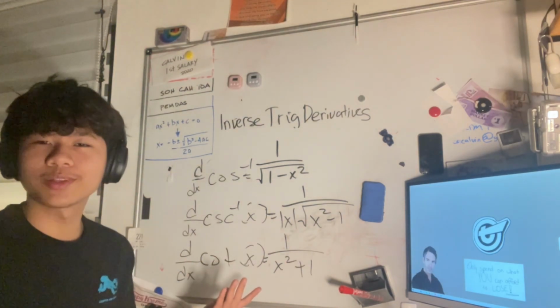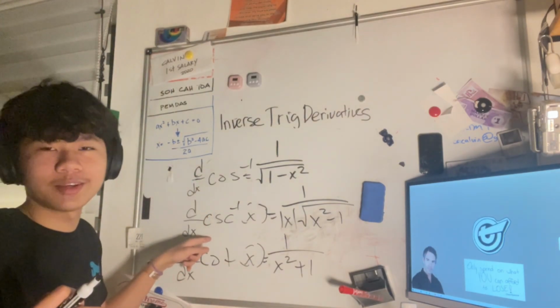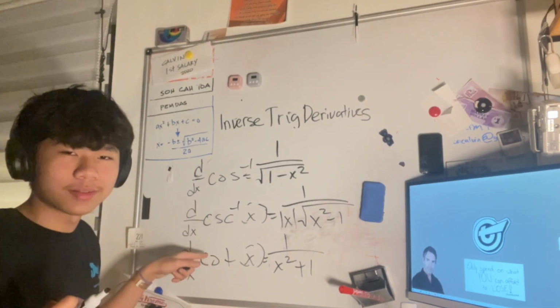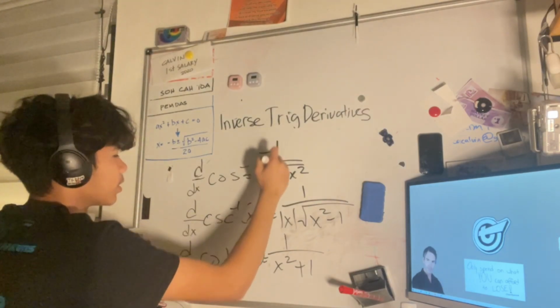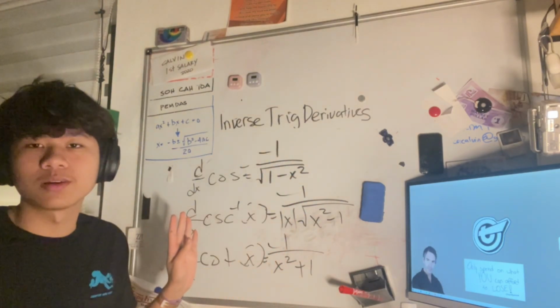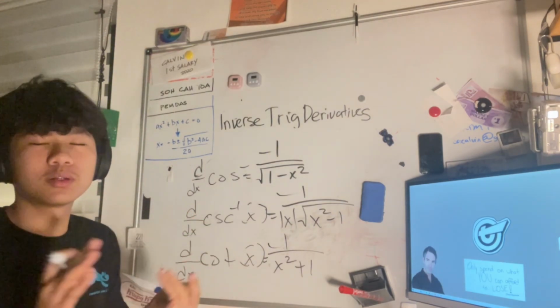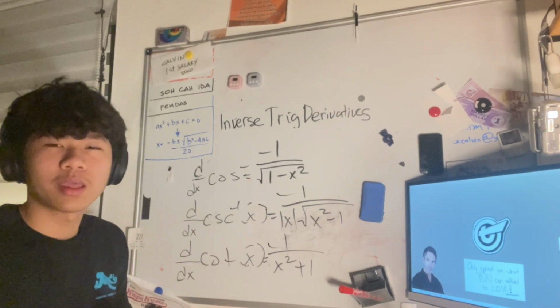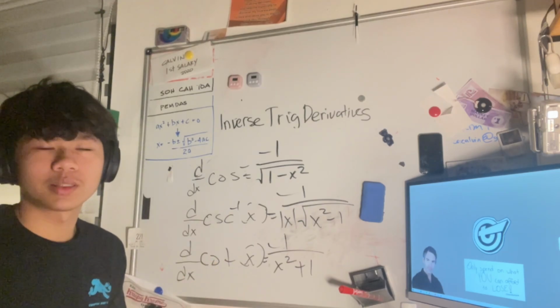What do you do for those? Whenever it starts with a C, it's so easy. All you have to do is put a negative, negative, negative. That's how you know. All you need to know is basically 3 equations and the negative for the C's, and that's it.